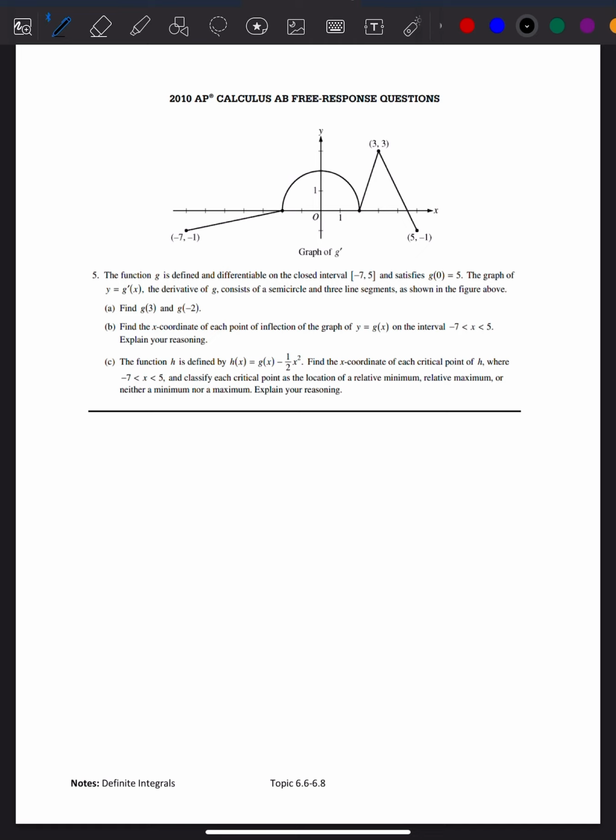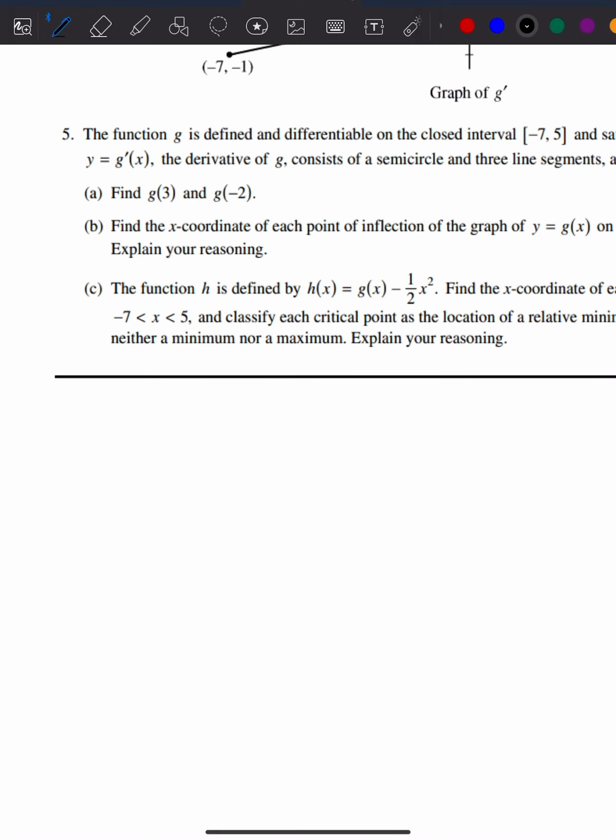So we want to find g of 3 and g of -2. In order to find these values, I need to find the integral because I have the derivative function. So we have g of 3 is equal to... One thing that we want to keep in mind here is that we have an initial condition.